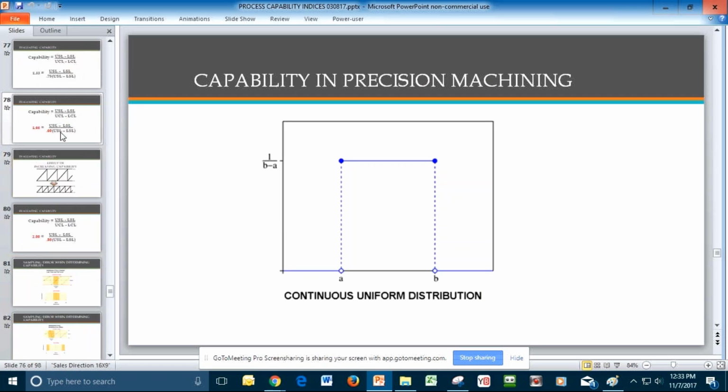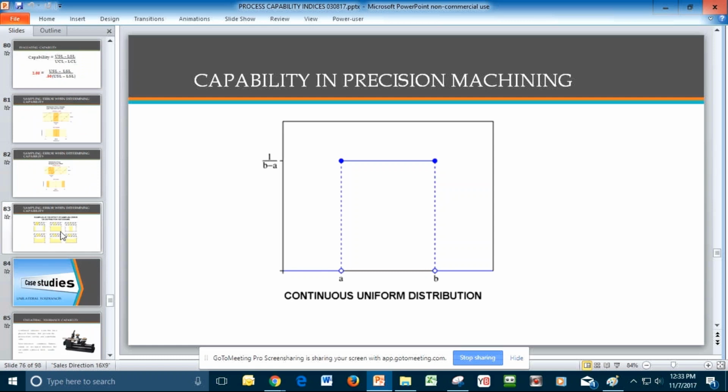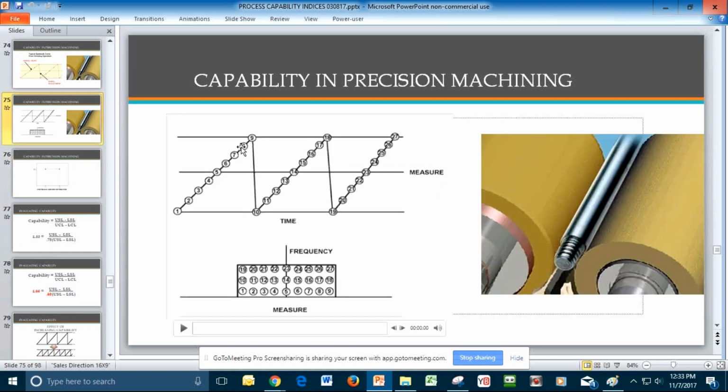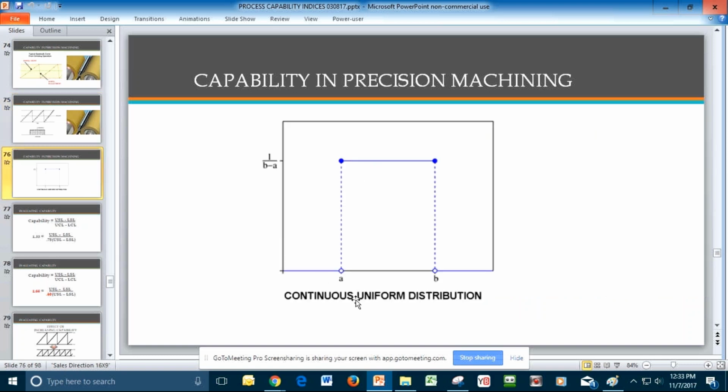Well, without going through the whole thing, and there again, these will be posted. The key for precision machining is that it uses a sawtooth curve, which is where you adjust, where you adjust, where you adjust, and that gives you a non-normal distribution, the continuous uniform distribution.